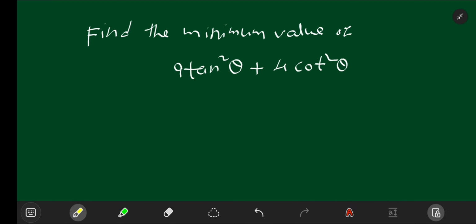Find the minimum value of 9 tan square theta plus 4 cot square theta. Here tan square theta and cot square theta are there. These both are reciprocal to each other.